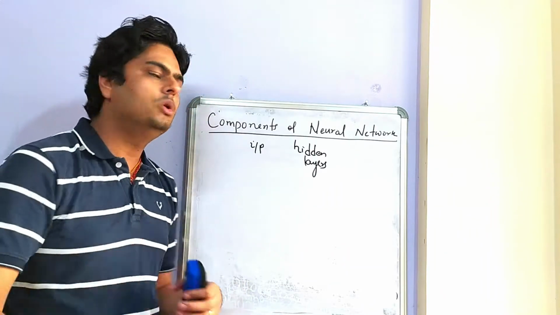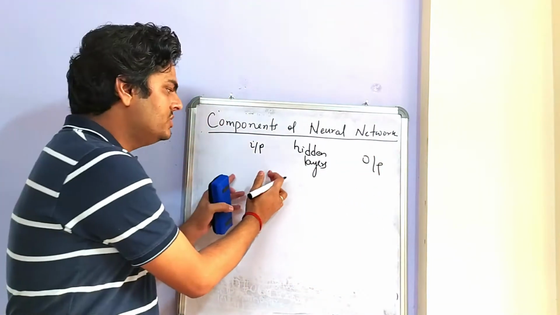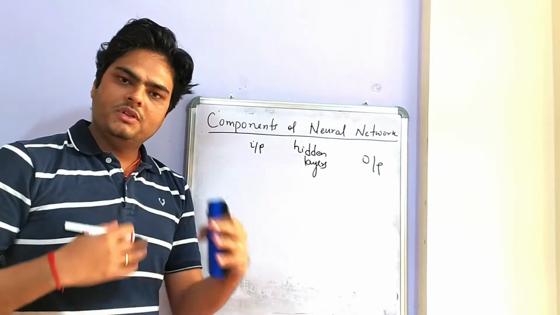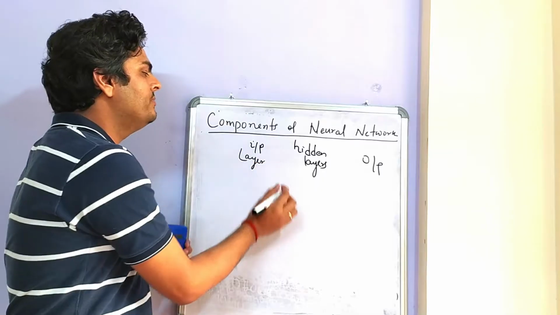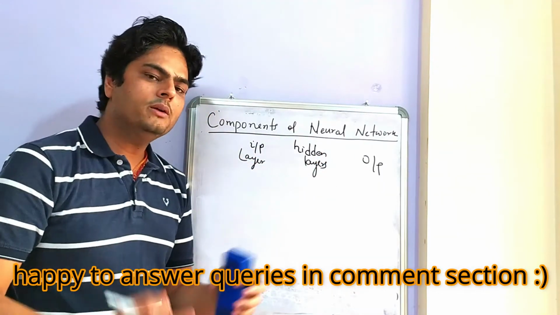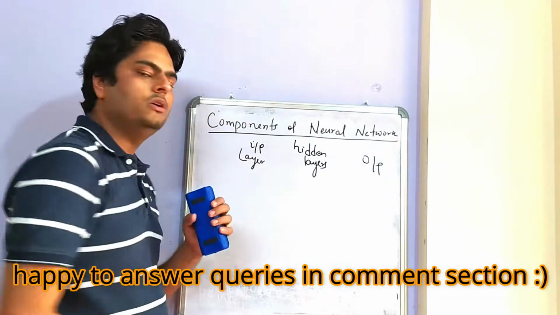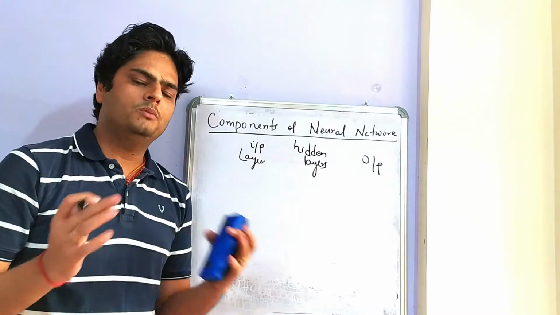Similar to this, in an artificial neural network, there are different layers. One is called the input layer. In between, there are different hidden layers responsible for processing, and towards the end, we have something called an output layer. Let us try to understand with the help of this data.